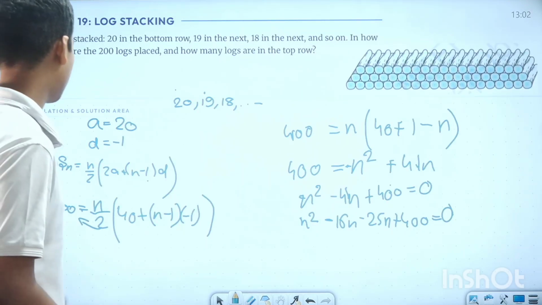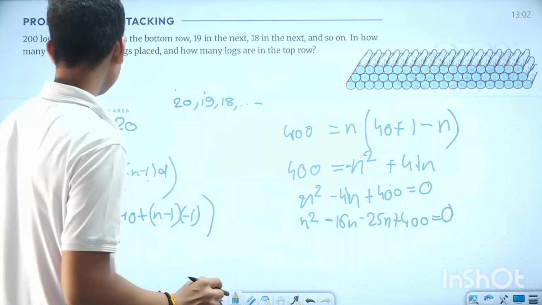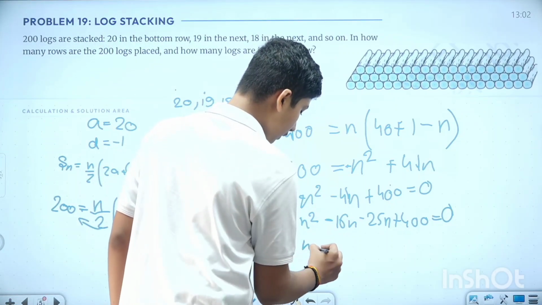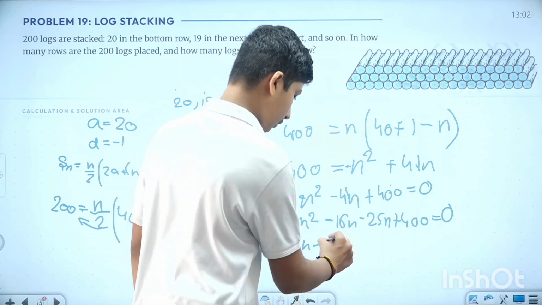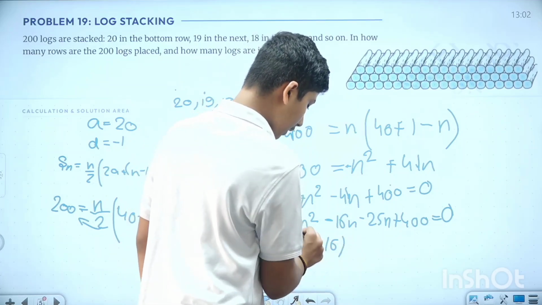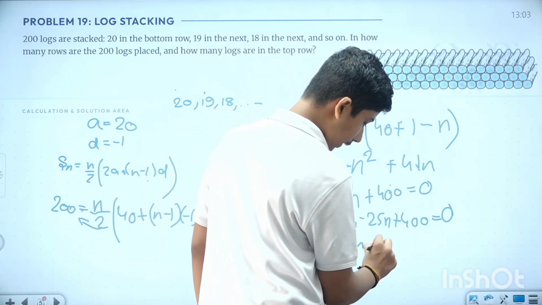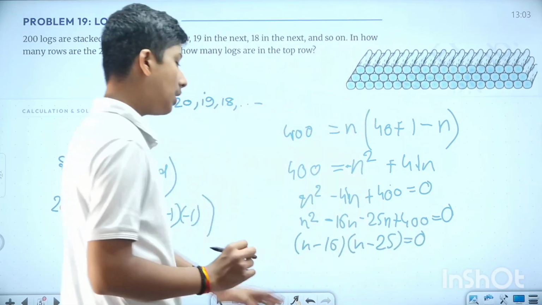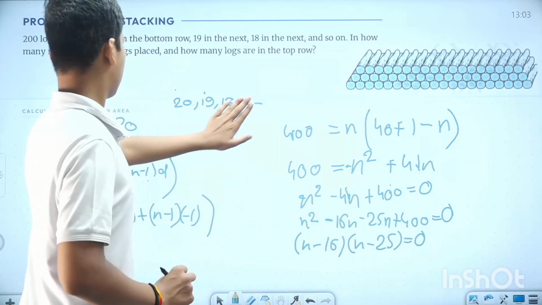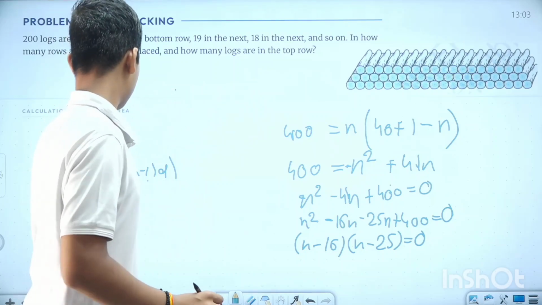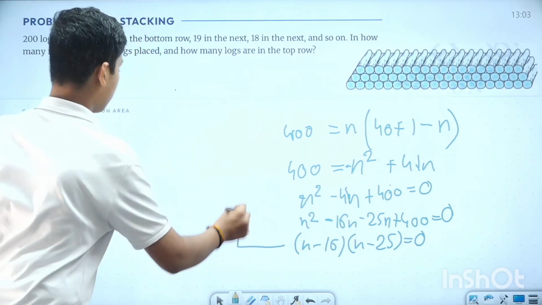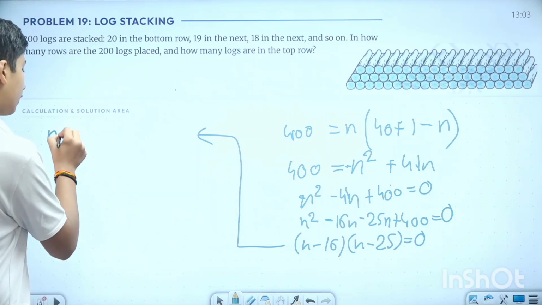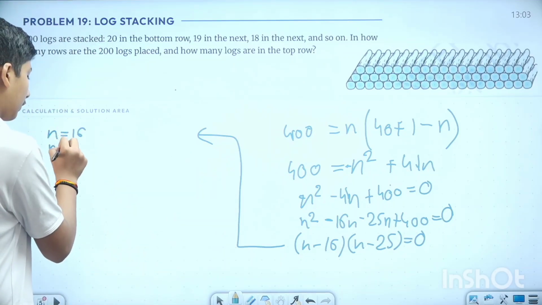When we solve this, n minus 16 into n minus 25 equal to 0. Now we have got two values of n. Firstly, n equal to 16, and n equal to 25.